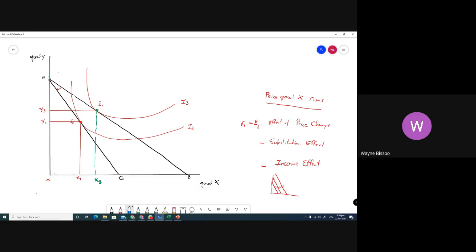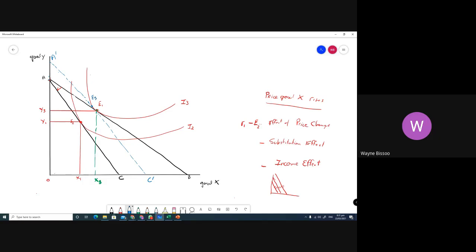It's going to be tangential to the first indifference curve we were on. I'm going to call this A prime, C prime. And my point of tangency is about here, so let's call that point ES for distinction purposes.